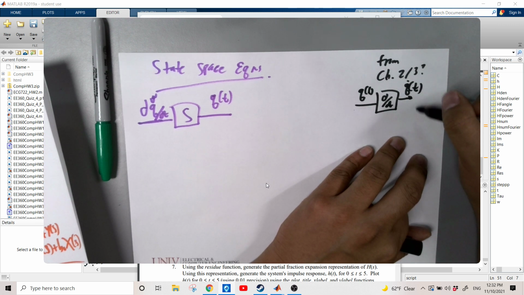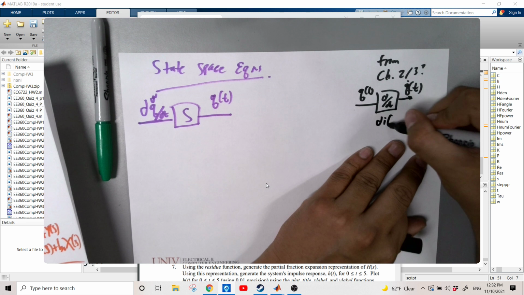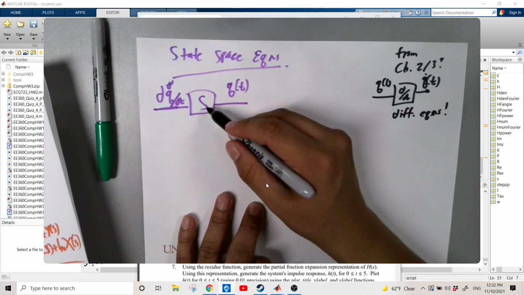Remember that stuff? This is like normal difference equations, differential equations. Remember that? Right now we're gonna do something like this.